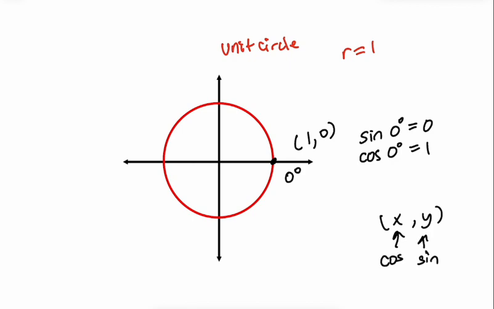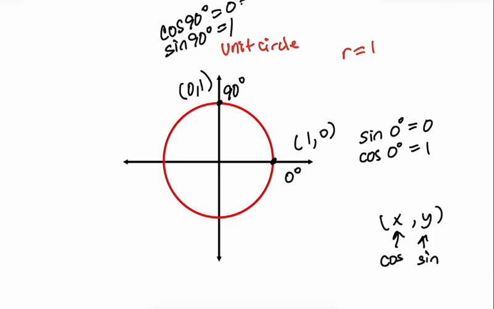Okay. So at 90 degrees, or pi over 2, on the unit circle, the radius is 1, so that lands us at the point 0, 1. So the cosine of 90 degrees is 0, but the sine of 90 degrees is 1. Because remember, this is the x and this is the y.